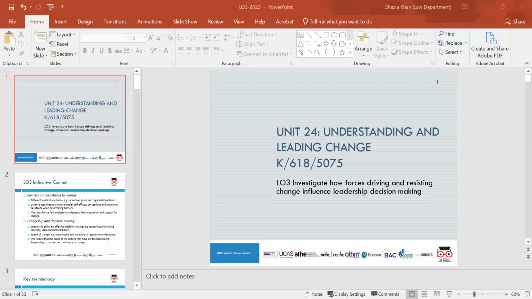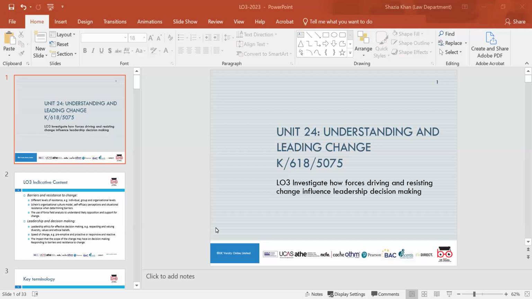So like elements of how large-scale change has an impact on any sort of organization. And we looked at how they plan for change. So how would an organization plan for some sort of change to happen and the impact on it.